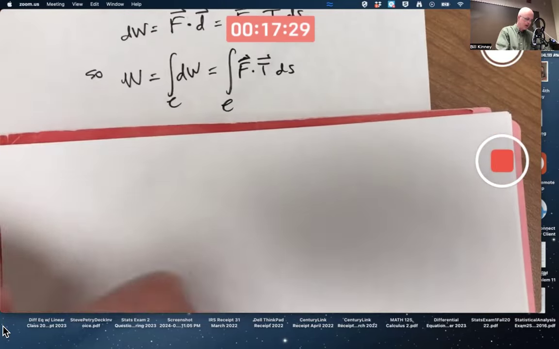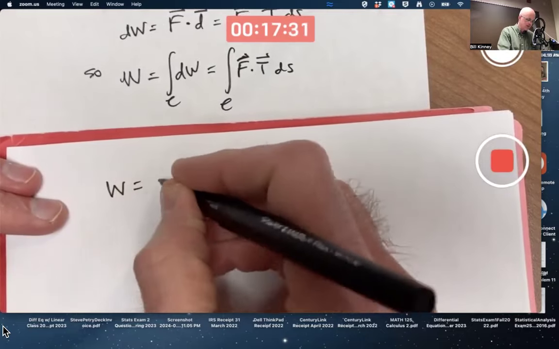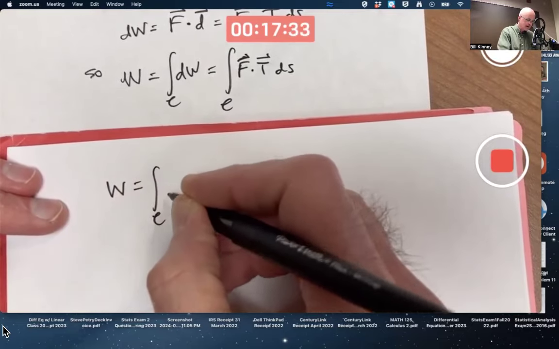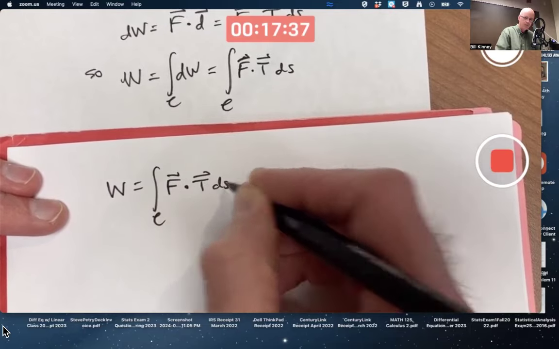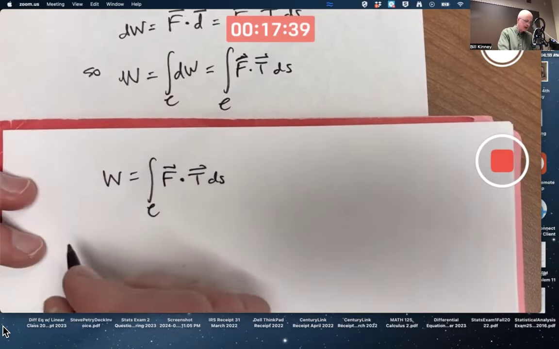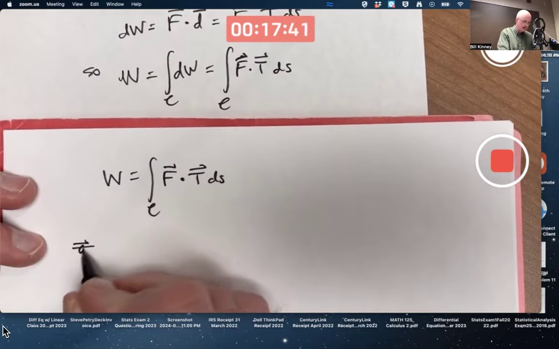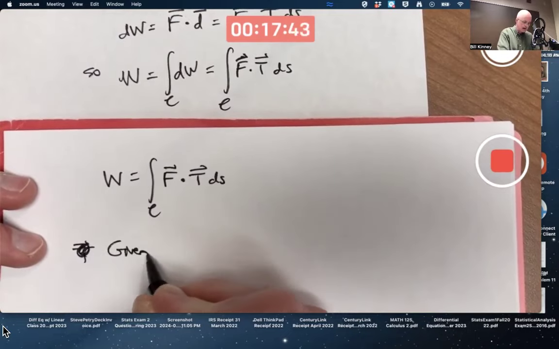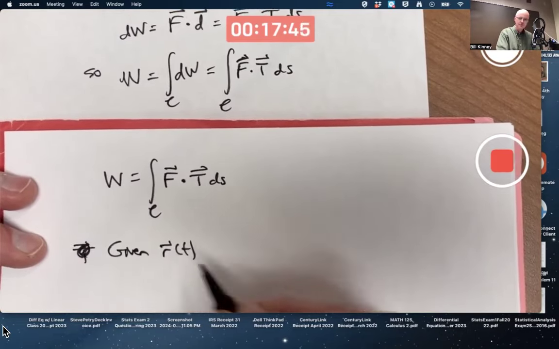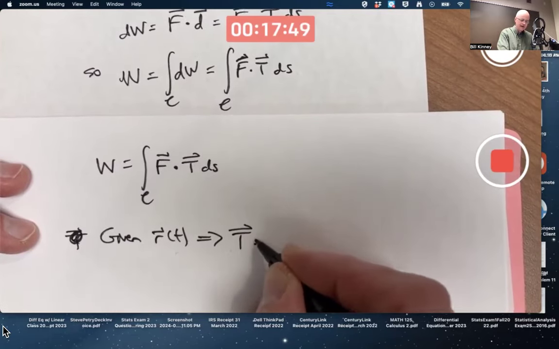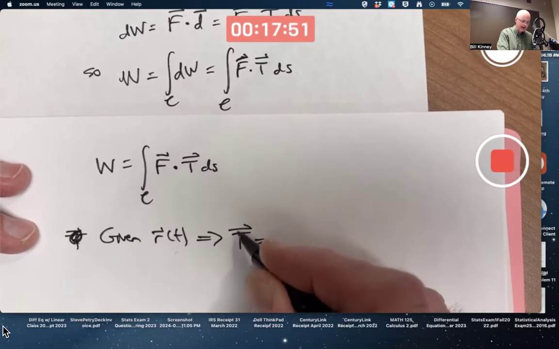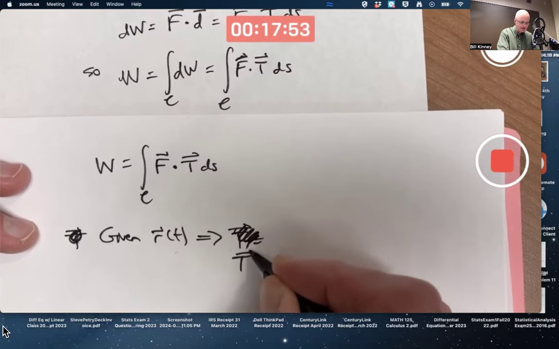So again, let me rewrite it here. We've got the total work done is ultimately this integral. But given a parametrization, given r of little t, we know how to figure out capital T of little t.